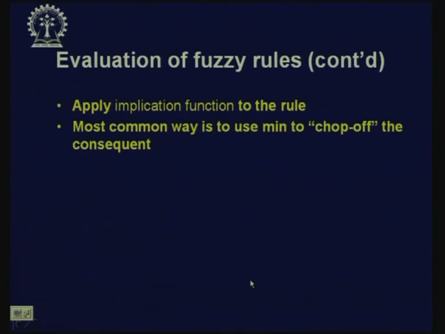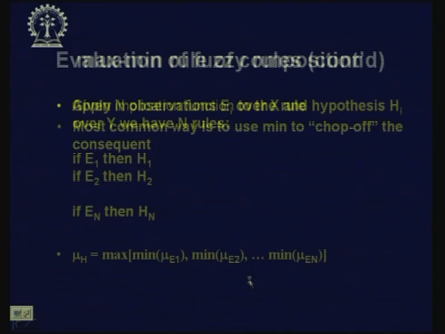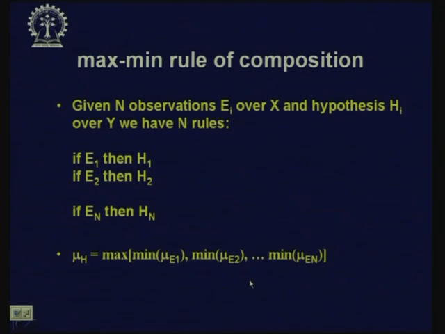So, in order to make it a little more clear, let me again write it down. Let me use the same example as I did. X is A, this is the if part, and y is B. Then something, say P is Q. There is one rule.